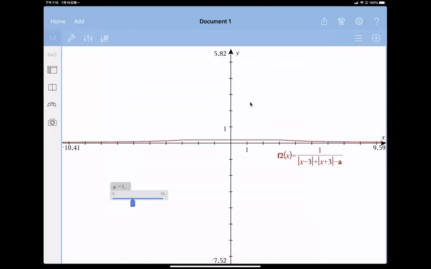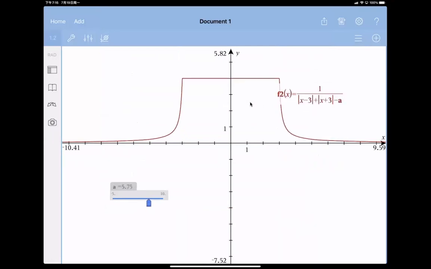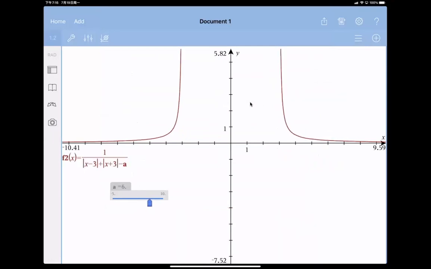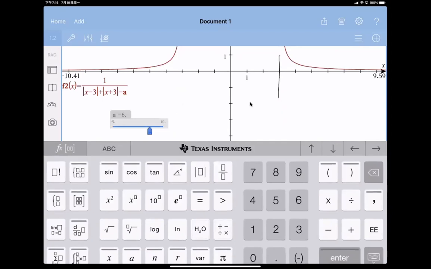So now let's look at the difference. Oh, see, when a equals 6, there could be 2 vertical asymptotes, roughly here or here. So x equals 3 or x equals minus 3.